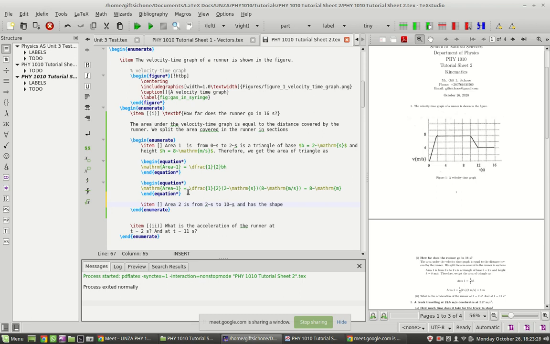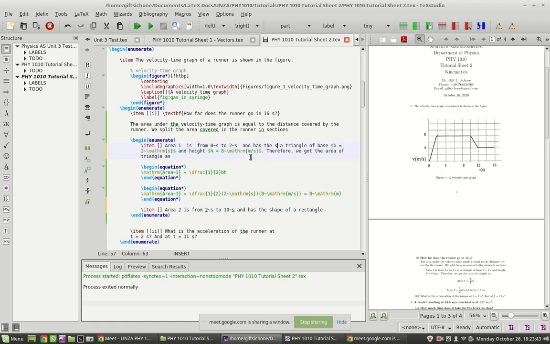What shape is it? From 2 seconds to 10 seconds. Rectangle, I think. Yes, the rectangle.